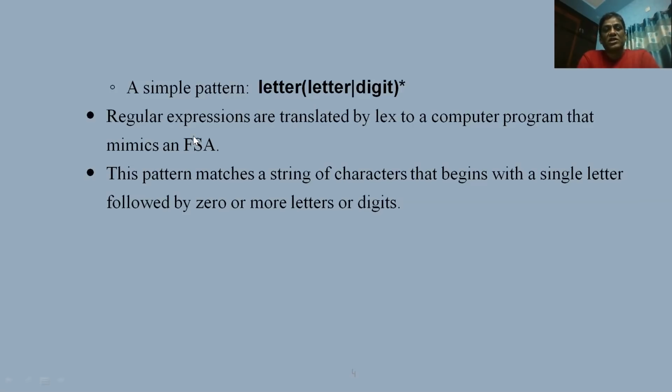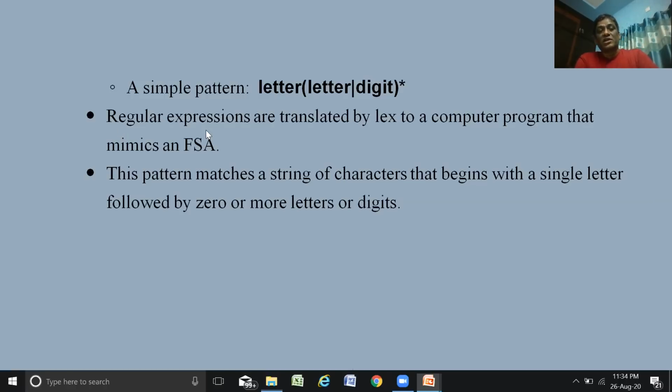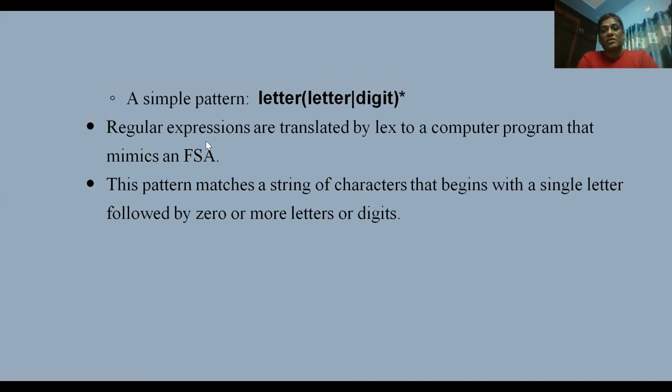Okay, so we reduce the burden of writing that mimicking finite state automata in C language. It is sufficient to write the regular expressions that represent every single token of a language.